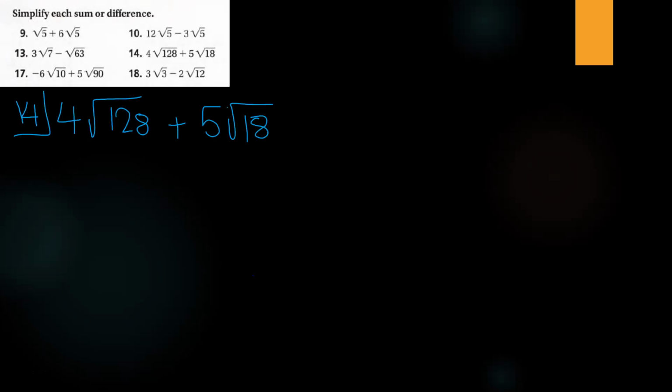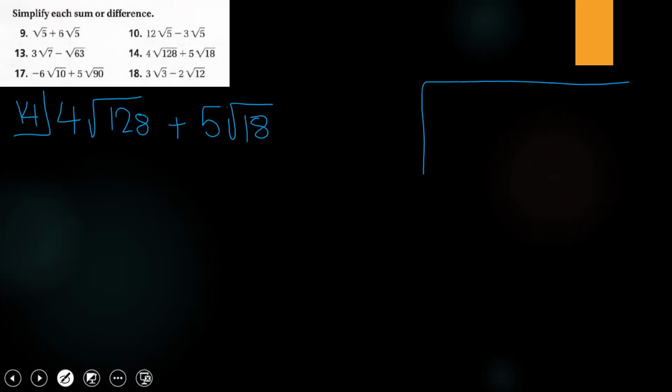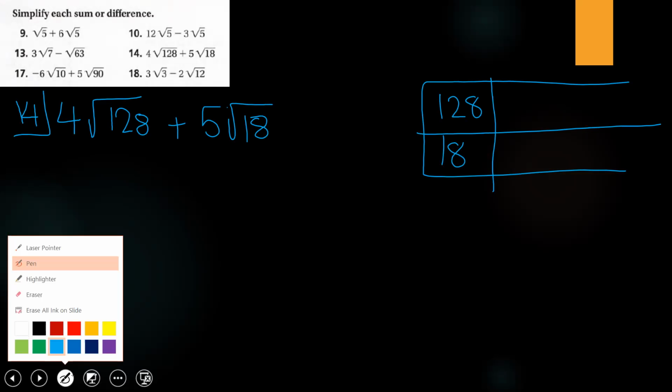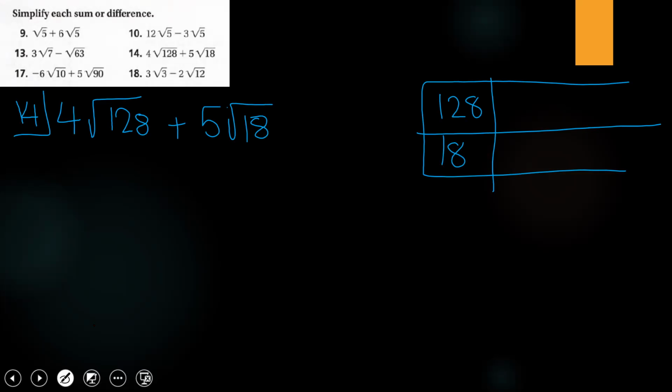Now let's make a table for 128 and for 18. Let's write all the factors of 128 and of 18, and find a number that is common between them.